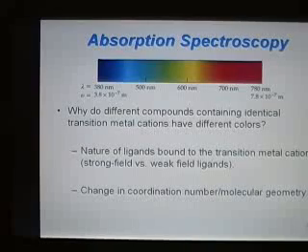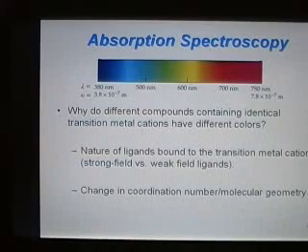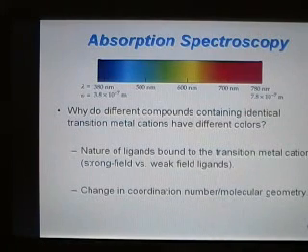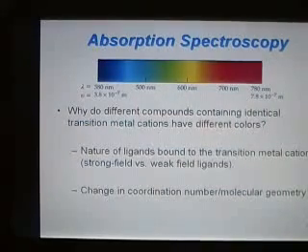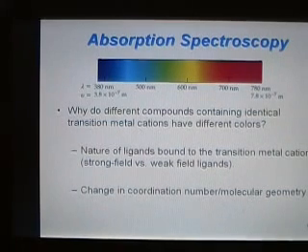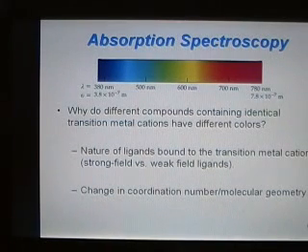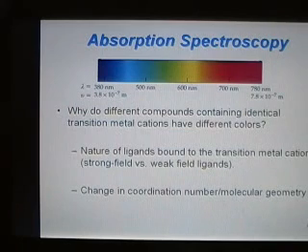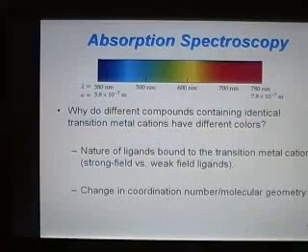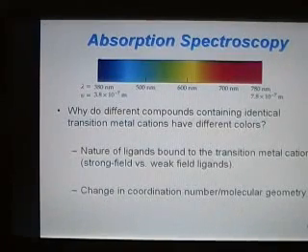Now, the next question that you might come up with is, why do different compounds containing identical transition metal cations have different colors? Well, remember, it's not only depending upon the transition metal cation, it also depends upon the ligands, because the ligands will split the d orbitals differently. If you have a strong field ligand that splits the d orbitals very, very much, you can have a low spin complex.